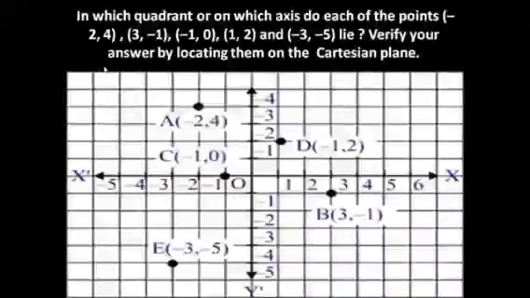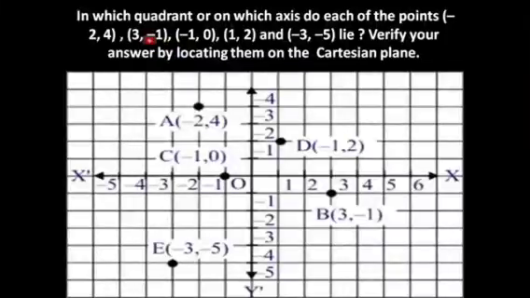So the first number is -2, 4. So -2 on the x-axis and 4 on the y-axis. Here it is. So the point is A, -2, 4. Let us look into the next number. 3, -1.